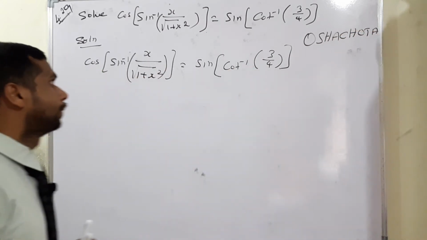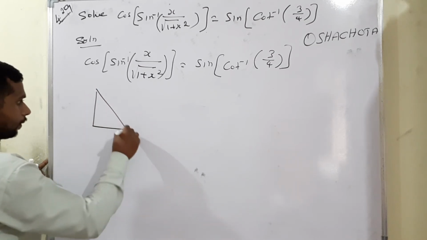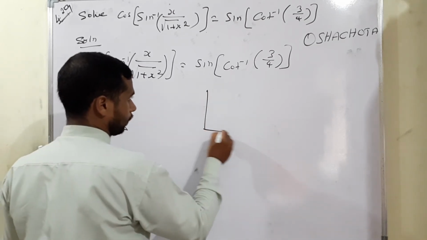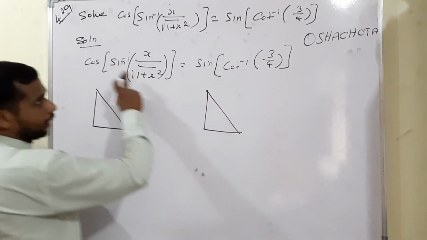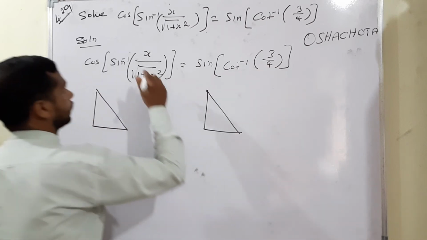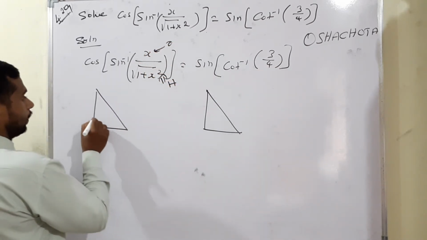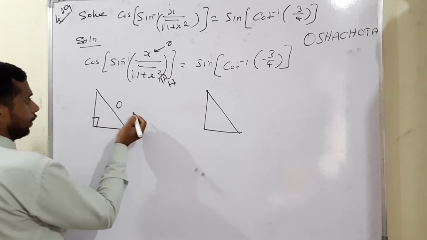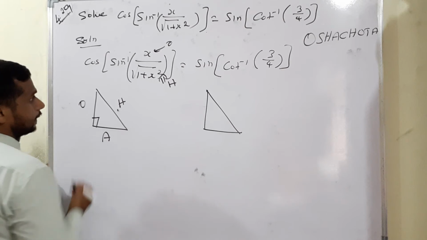According to the Osa Chota, we have to draw a right angle triangle, isn't it? In a right angle triangle, what is the meaning of sine? Opposite divided by hypotenuse. This is called hypotenuse, and this is called opposite and adjacent.